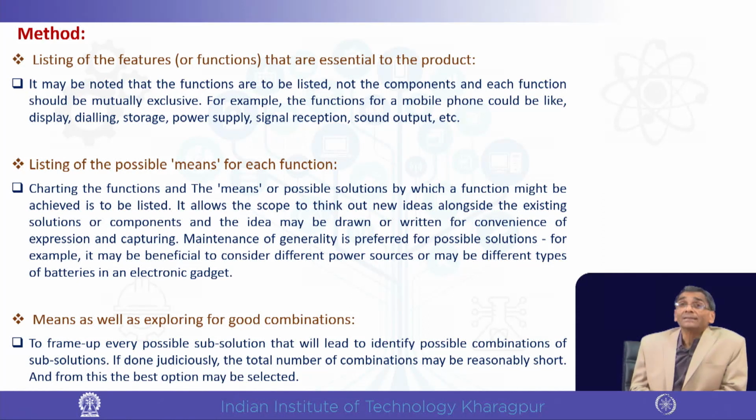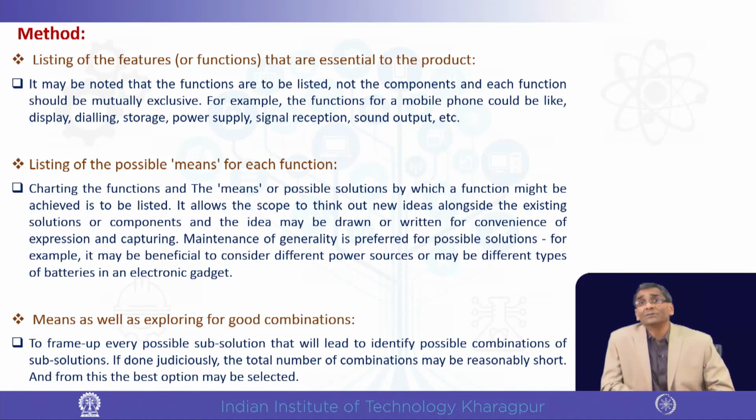Similarly, listing the means, how it can be done. Say I talked about creating pressure. Then I may talk of mechanically generated pressure, it can be hydraulic pressure, it can be pneumatic pressure, and so forth. So, alternatives are there, and those are means.